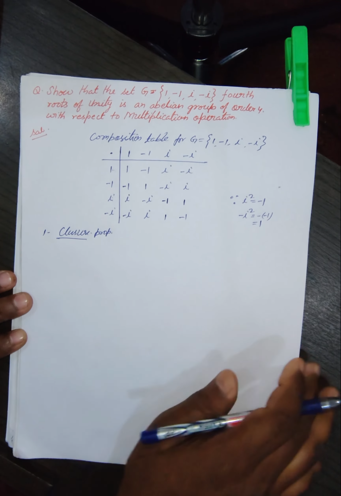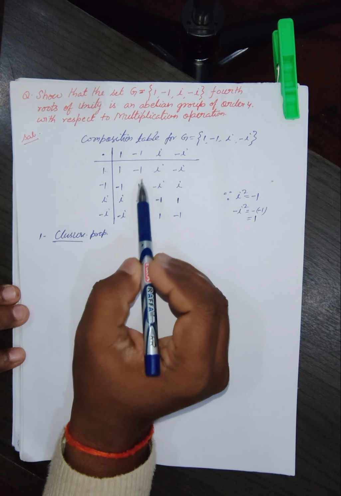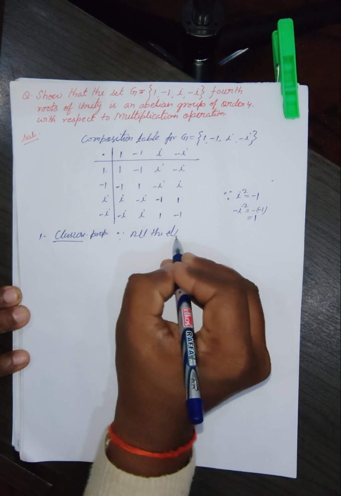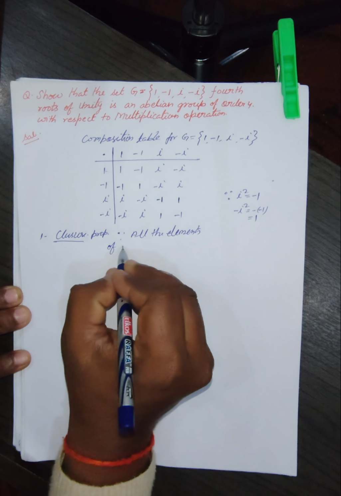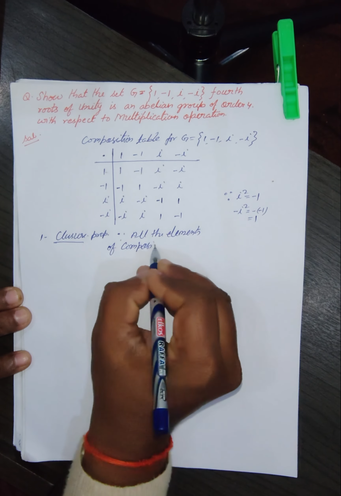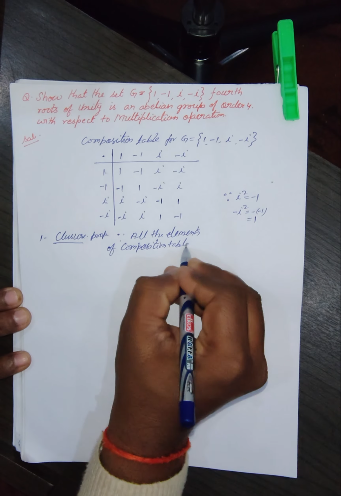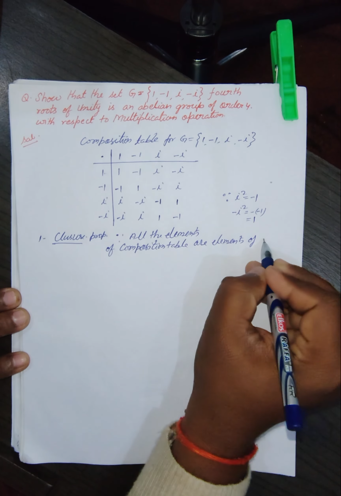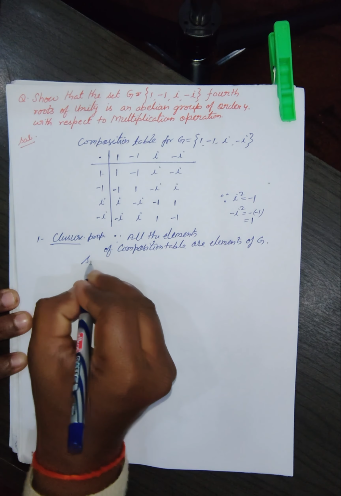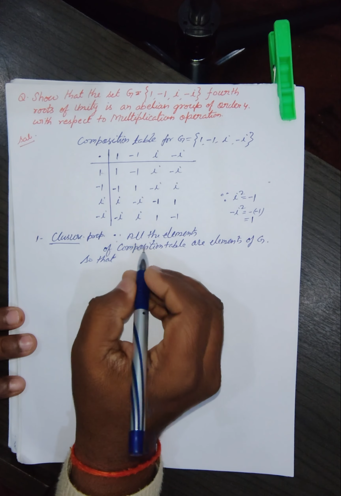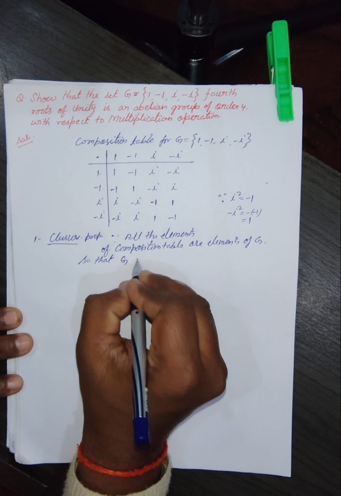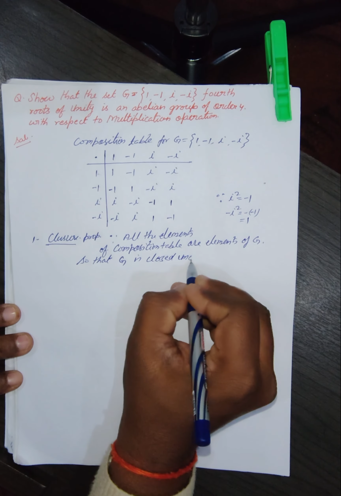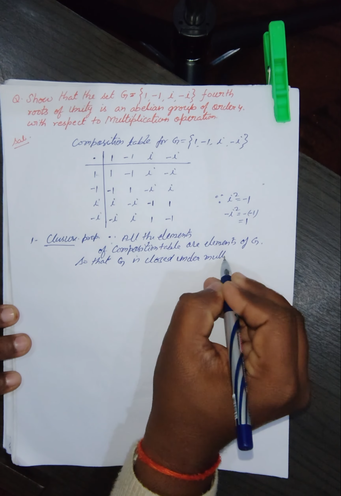Since all the elements of the composition table are elements of G, G is closed under the multiplication operation.